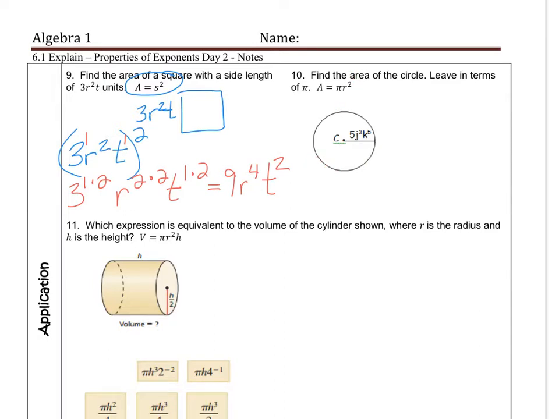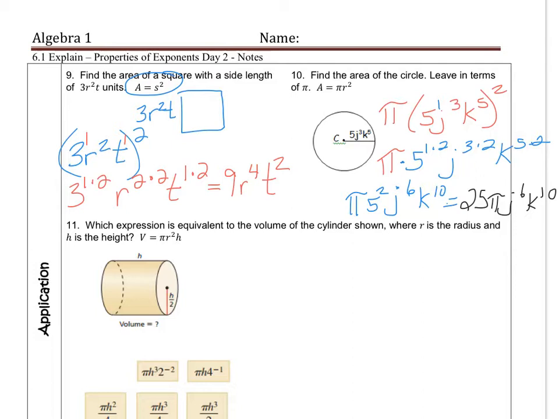It's like a variable. We're not going to put the number to it because it goes on forever. We're just going to use the pi variable. So go ahead and pause your video, do number 10 on your own. Remember that your answer is going to have a pi, and then check back for the explanation.